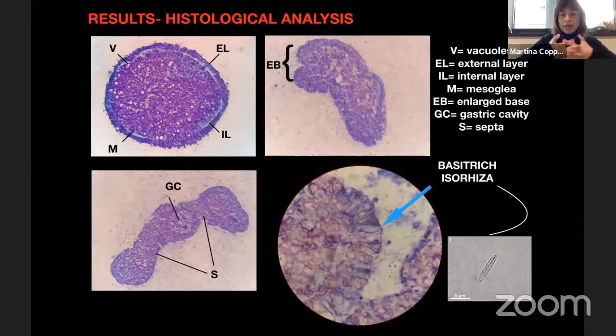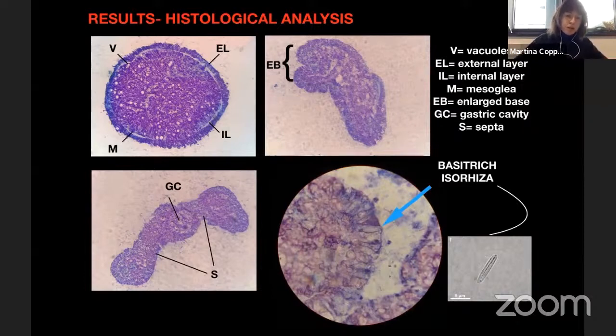In the elongated morphology, the enlarged base is still present, which was the connection between the tentacle and the polyp. So this picture proved that the elongated shape was the entire tentacle that detached from the polyp.